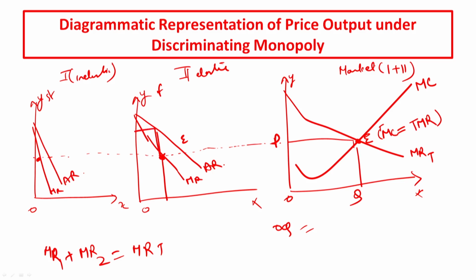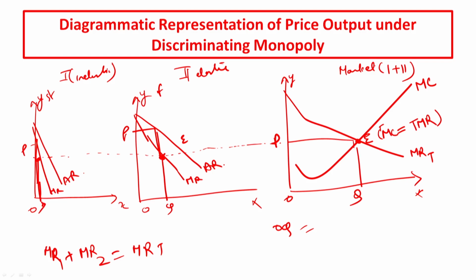It touches at this much. That means it is elastic. How much is demand increasing? This is the price and you get this much quantity. In the other market, this is the output and this is the price. This much is inelastic. For this much price, you get only this much output.